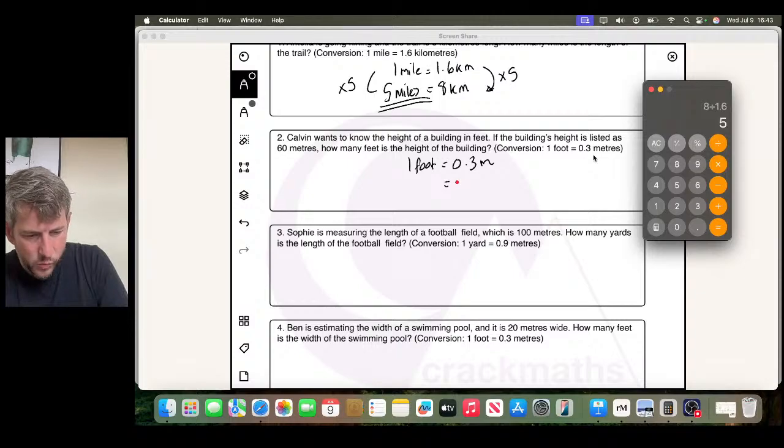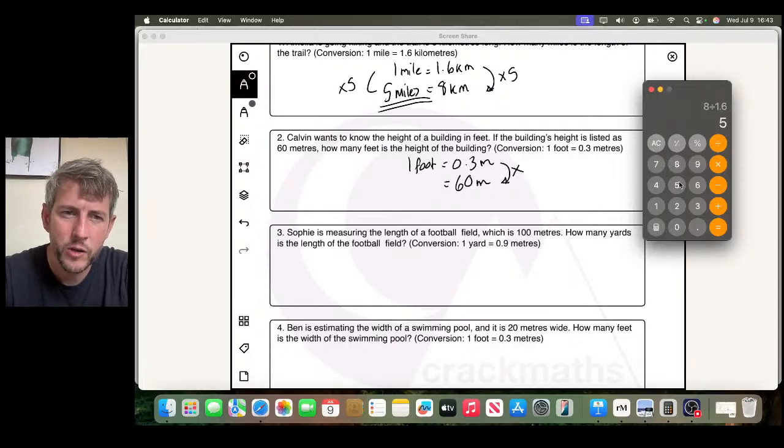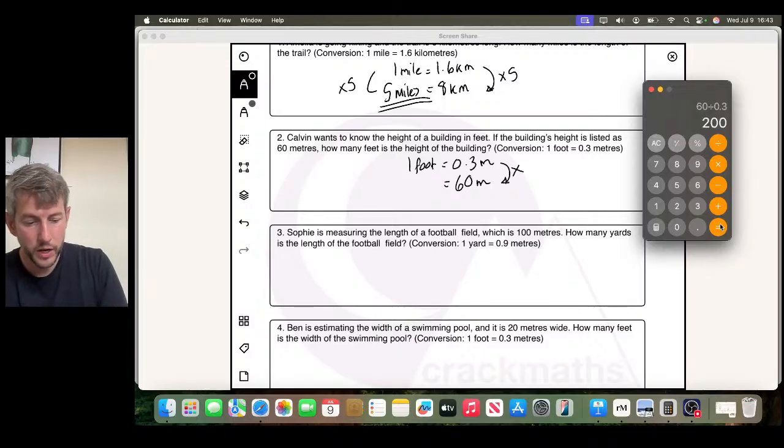We know that the building is 60 meters. So what times 0.3 gets us up to 60? How many lots of 0.3 do we have? So we need to do 60 divided by 0.3 equals 200. So 0.3 times 200 gives us 60. So we'd times that by 200 as well. So this would be 200 feet.